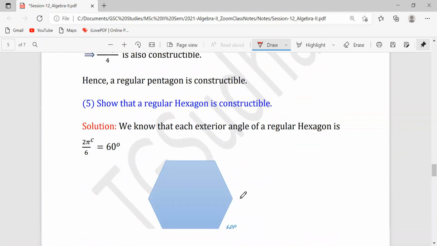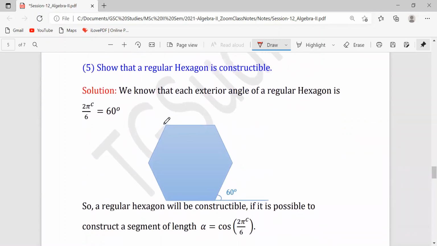Now let us move on to the next example. Show that a regular hexagon is constructible. So a geometric figure of 6 sides. Once again, we know that the exterior angle of a regular hexagon is 2 pi by 6, that is 60 degrees, because the interior angle is 120 degrees.